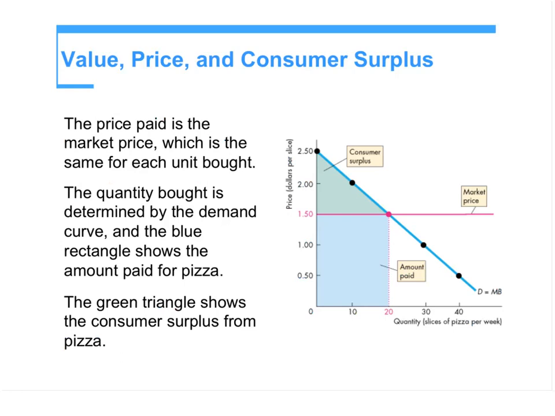So the amount paid is the blue one, the market price is that red line, and the part above that red line is the surplus. The green is where it says consumer surplus, on top of the blue.